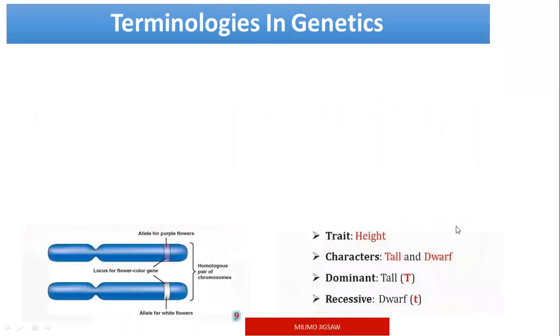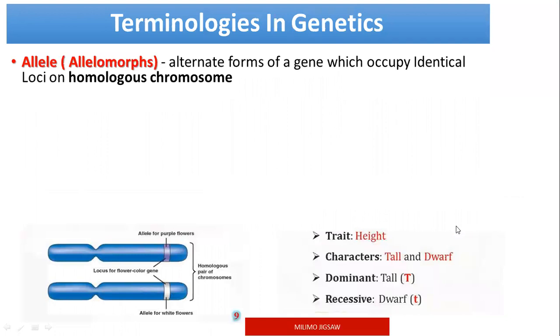So, terminologies in genetics. Let's look at an allele, also known as allelomorphs. As we discussed in our other session, these are alternative forms of a gene, and they occupy identical loci on homologous chromosomes.